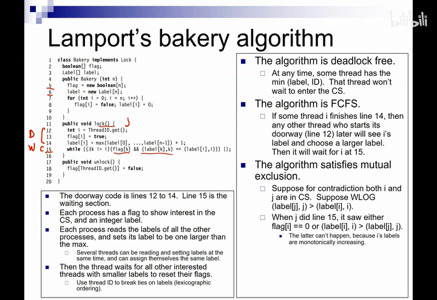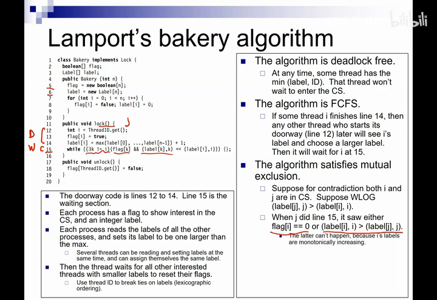When J did line 15, J looked at whether I satisfies this condition, and J must have seen that either I's flag is equal to 0, or I's label is larger than J's.